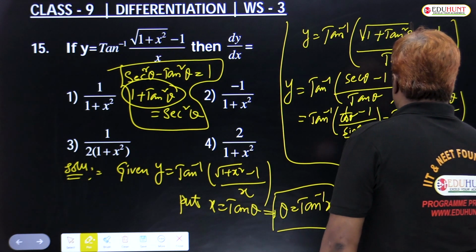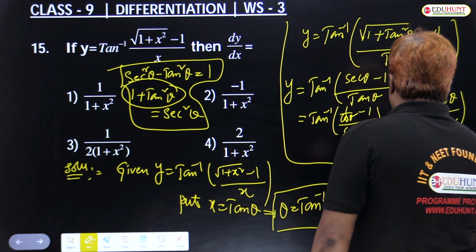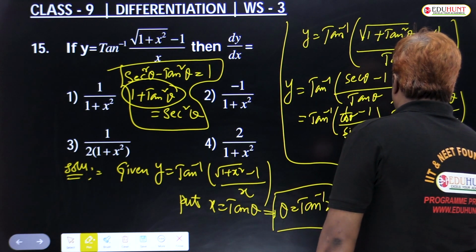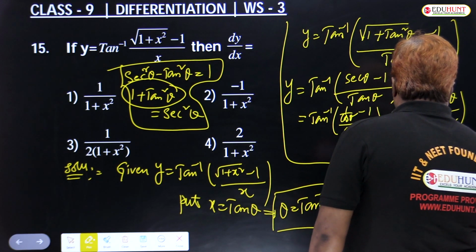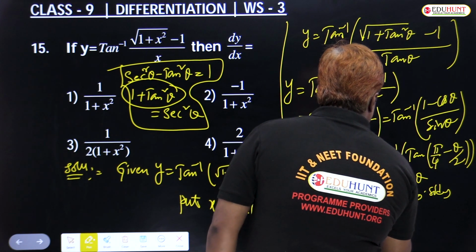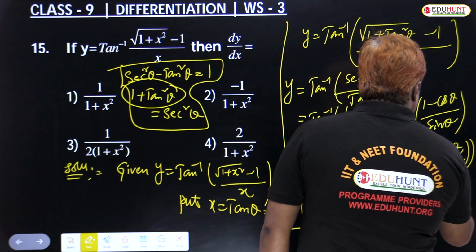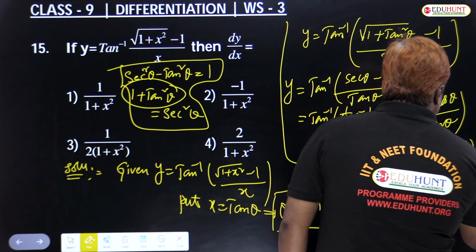So now the value is pi by 4 minus 1 by 2 into theta. After differentiating both sides, what will I get finally? dy by dx is equal to pi by 4 minus 1 by 2 into tan inverse x.